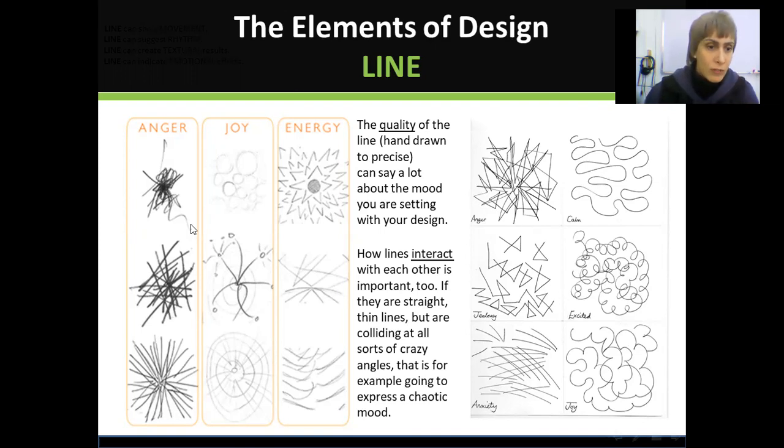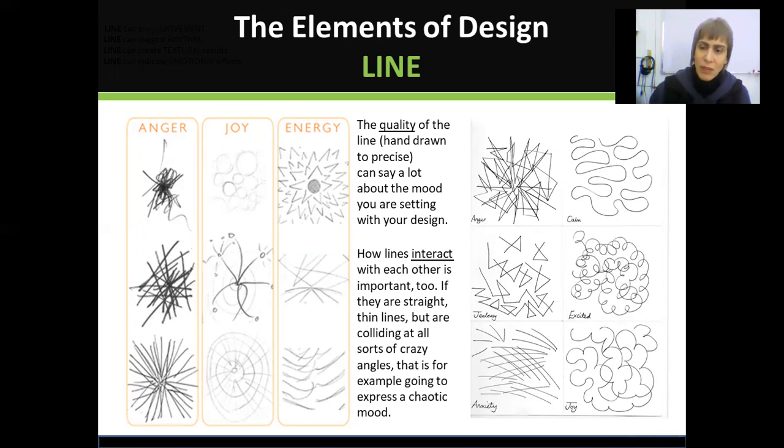Here are also a few examples of lines used to indicate emotions, like anger, for example. Look at these lines. Energy, for example. If we look at these lines, they are kind of energetic. They give us a feeling of energy somehow. Joy and anger: definitely, these look like disturbing lines.